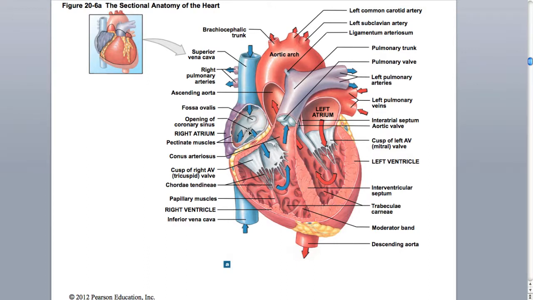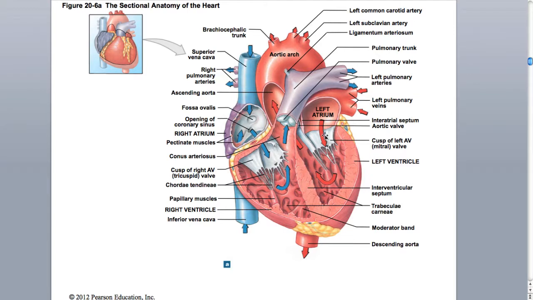I mentioned in a previous slide that the coronary sinus leads into the right atrium. So here we are in the right atrium. The right atrium has a valve, and you pass through this valve, and that's your tricuspid valve. And the tricuspid valve will get you into the right ventricle.